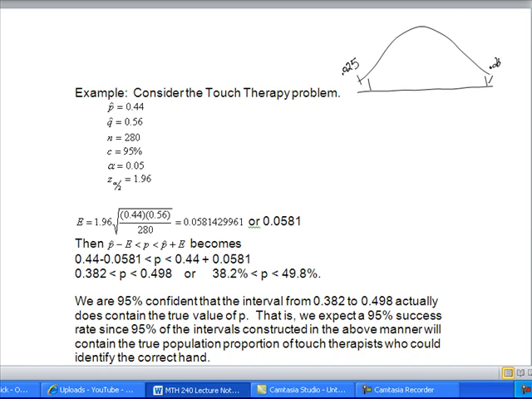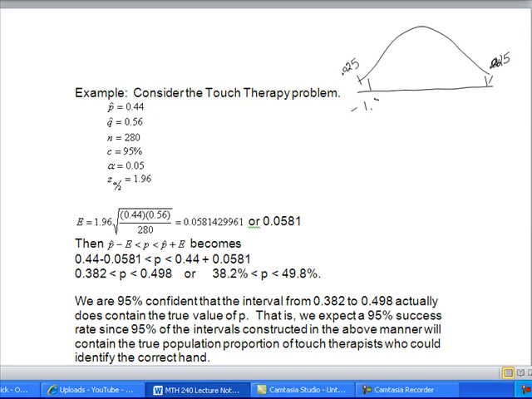So now we want to calculate E. E would be the product of 1.96 times the square root of our p hat times our q hat divided by n. And we round this to 3 significant digits, which would give us 0.0581.